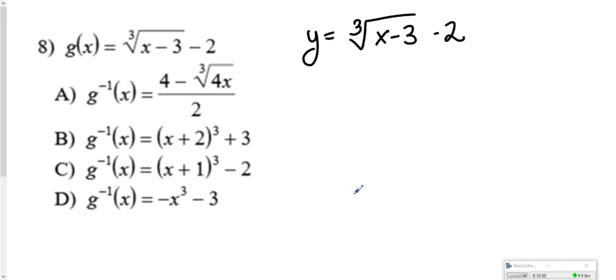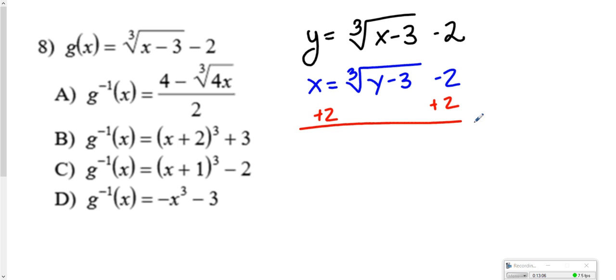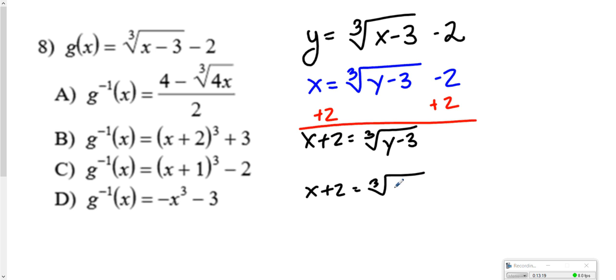All right, let's look at working out number 8. I'm going to change the y to an x, change the x to a y, and now I'm just going to solve for y. I need to add 2 to both sides. So now I have x plus 2 equals the cube root of y minus 3. I need to get y out from underneath the cube root. In order to do that, we're going to cube both sides.